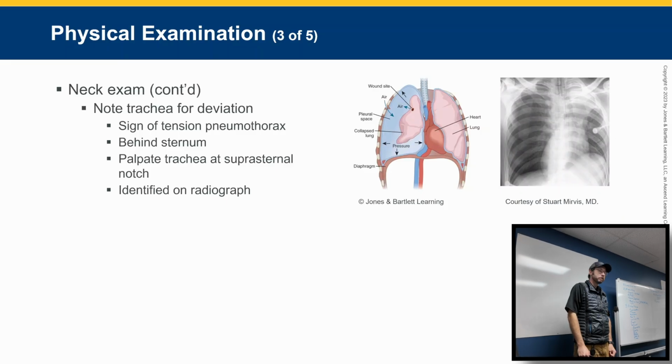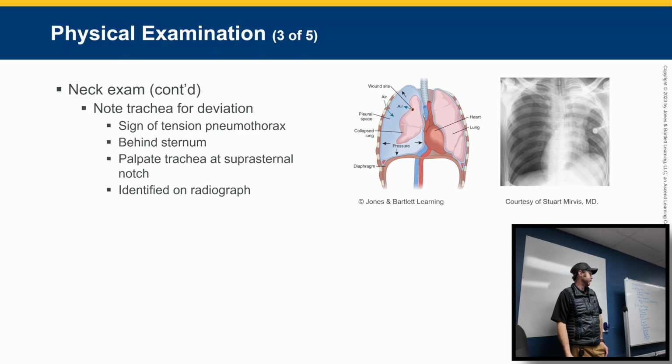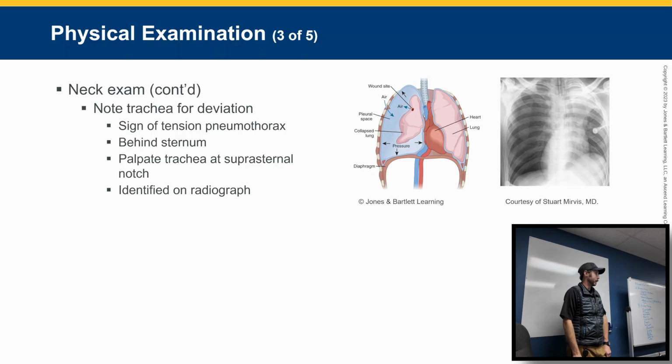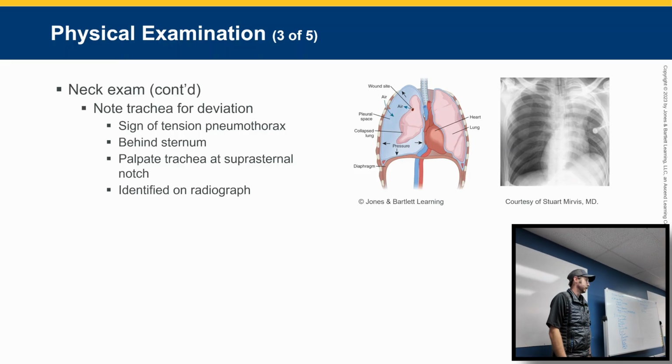Tracheal deviation. What does that mean? Where should our trachea be? Midline. If it's not midline, what is that an indication of? I will tell you that tracheal deviation is a very late sign.